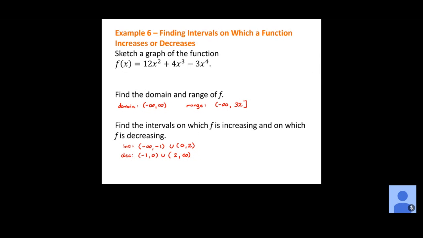And then for increasing and decreasing, we had two intervals of increase from -infinity to -1, and also from 0 to 2. And then we had a decreasing interval from -1 to 0, and then also from 2 to infinity. And if you put commas between those, that's fine, or you can use the union symbol. Again, either way, I will take it as long as you got all the increasing intervals and all the decreasing intervals. Any questions on that one now?